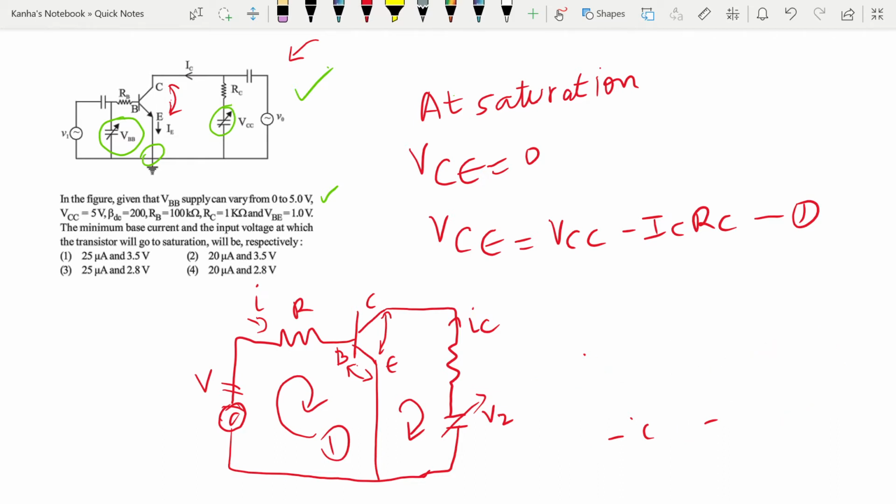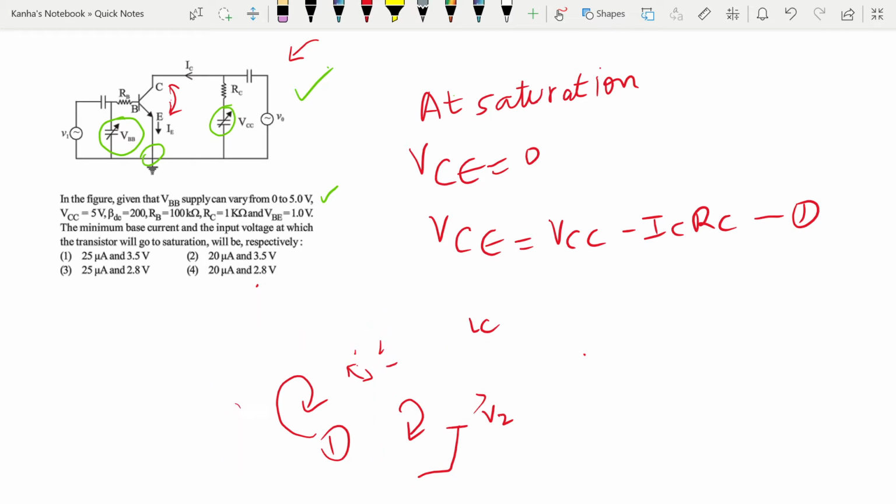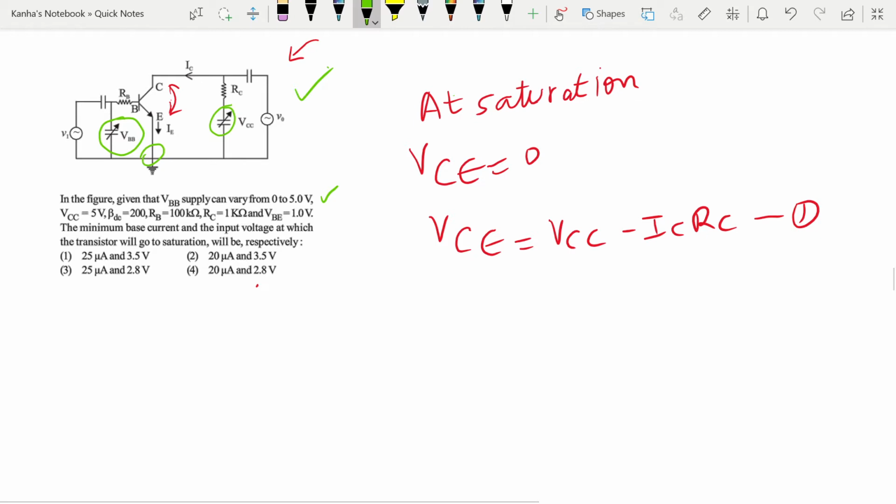So now let's come back to the question at hand. We are supposed to find the minimum base current and the input voltage at which the transistor will go to saturation. The condition for saturation is clear to you. At saturation, the potential drop between C and E is equal to 0.